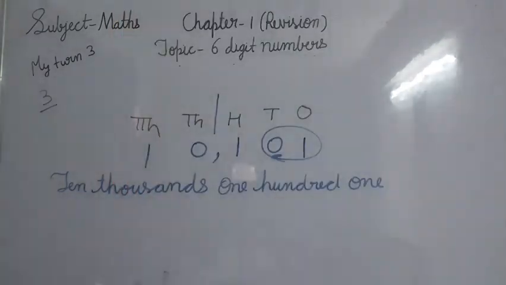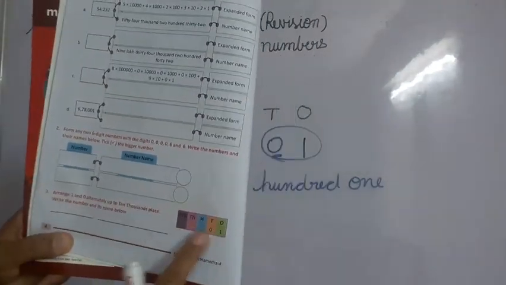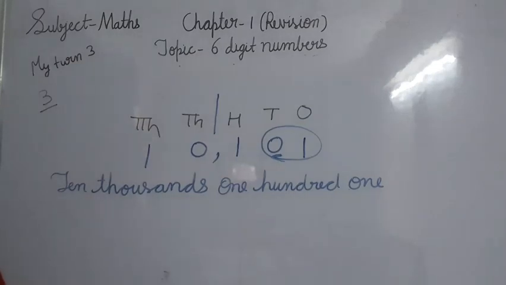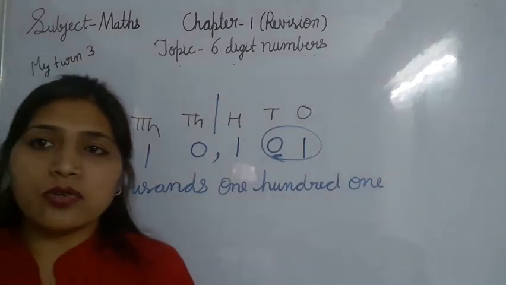Clear? Here you have to write this number name, and this number you have to write here in this place. You can fill this here also.